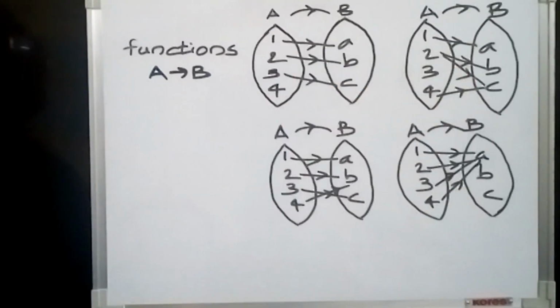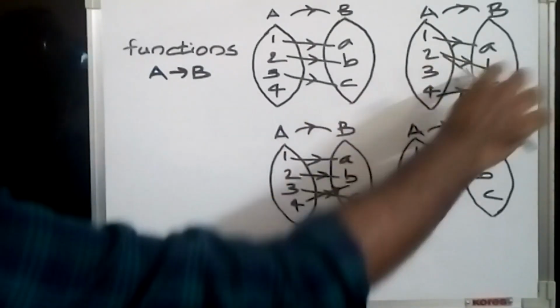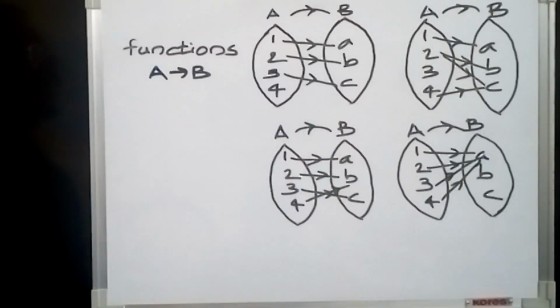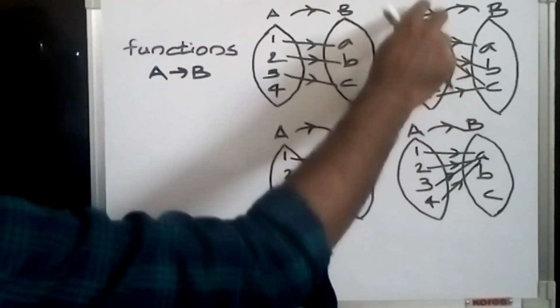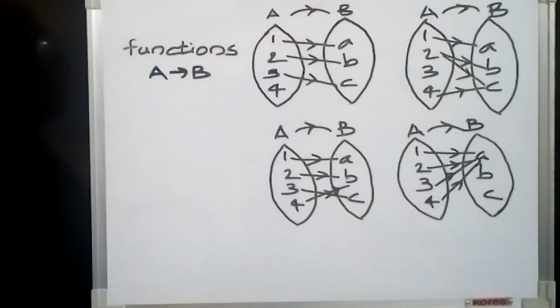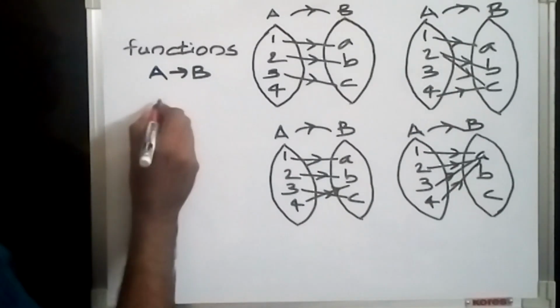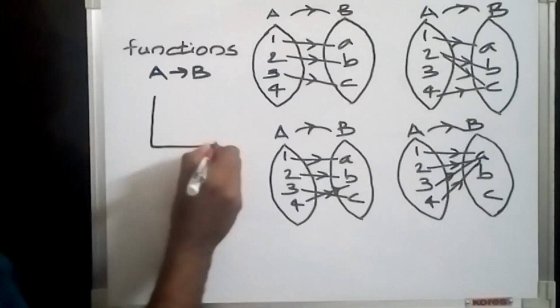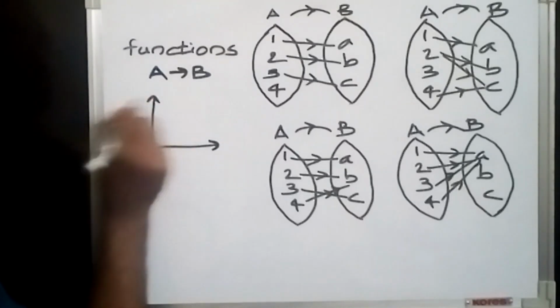The second figure also does not represent a function. Why? There are two reasons. First of all, 3 has no image in B, and moreover, the element 2 in A has 2 images in B. That is not allowed for a function because just recall the position time graph we drew for the movement of that car.